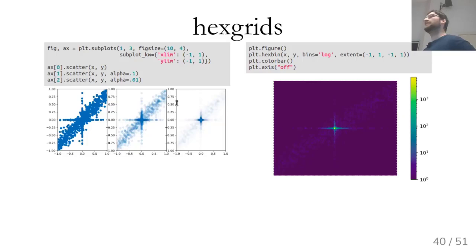It's called hex grids because you're binning not on a rectangular grid, but you have hexagons, and they're in a honeycomb structure. You could also do this on a regular 2D grid, but the main idea is that you're just visualizing density directly.